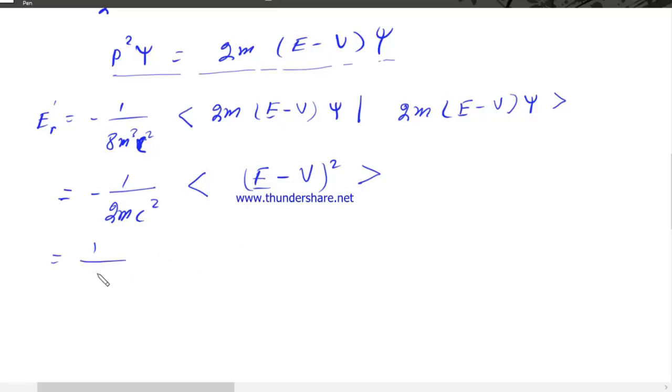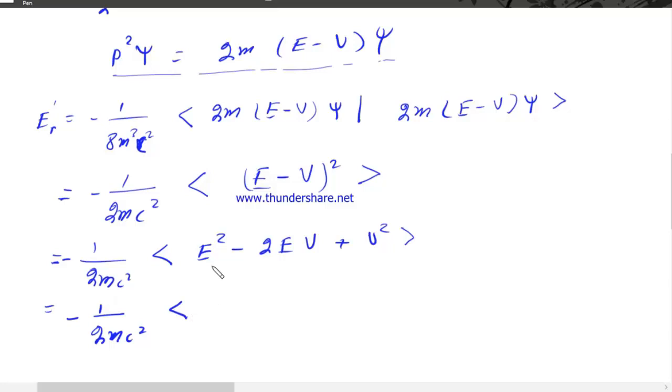Now minus 1 over 2 m c square, and the expectation of E square minus 2 E v plus v square. We separately take the expectations.